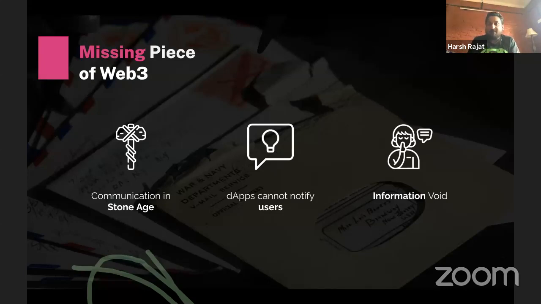So yeah, why is it needed? Well, it's needed because Web3 doesn't have notifications, and it's a very weird concept to have, because even the Zoom call was a notification which came to me, and that was from a Web2 or traditional service. But when you are going to blockchain, these things don't exist. We like to compare it with 2004 when Gmail was just launched, or when Orkut was there.